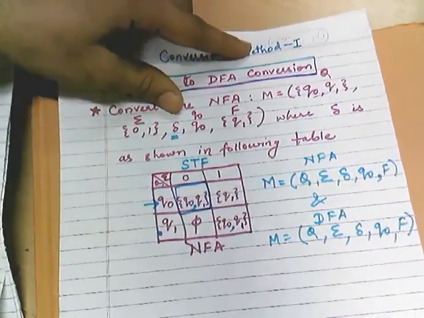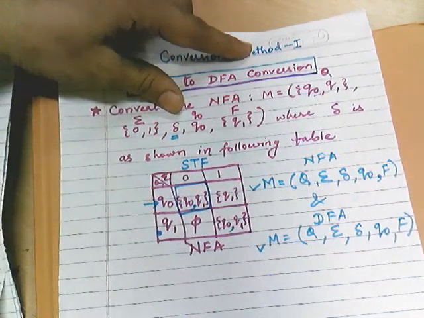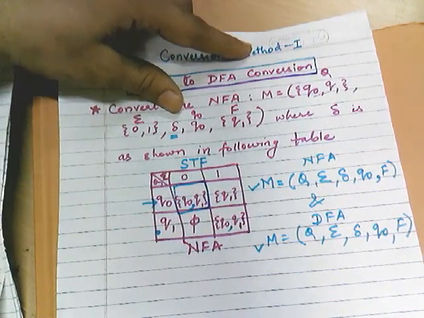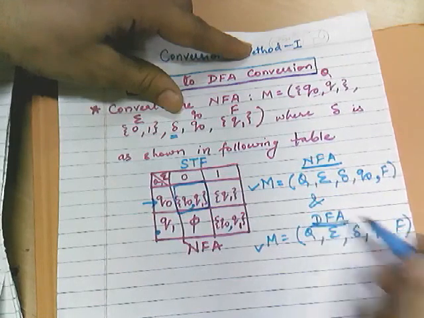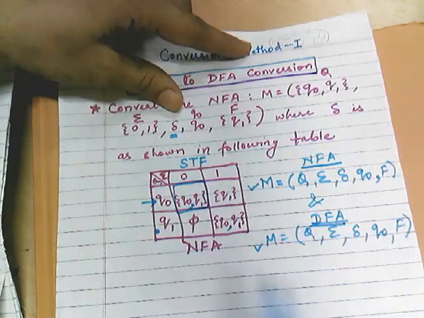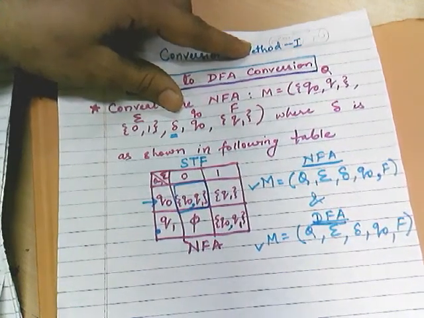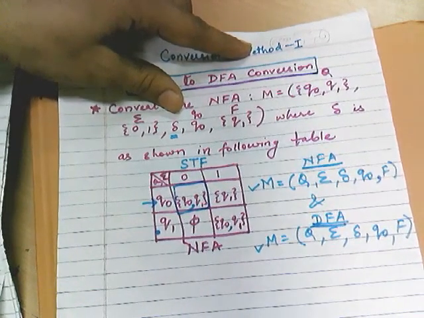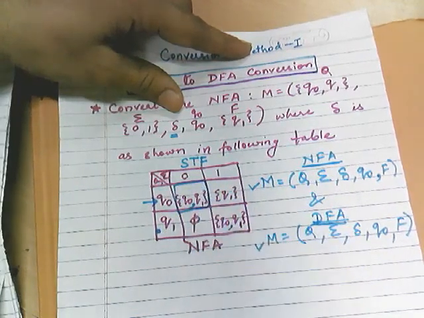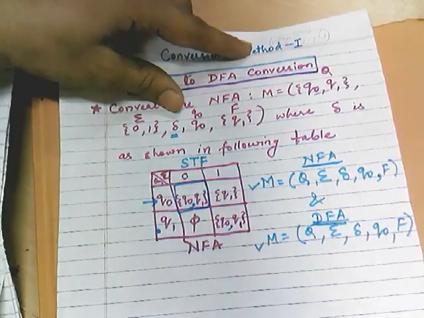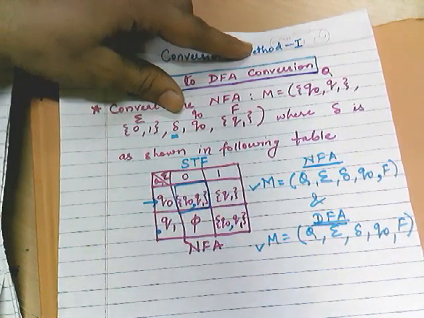So when both the machines, NFA is also a machine, DFA is also a machine, are represented by the same 5 tuples, and since we want to convert NFA to DFA, there must be some change. Where could be the change? The change will be in the number of states to which the current transition is happening, okay.